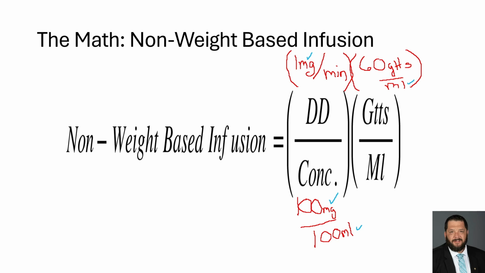The next step, if you remember, was to solve for a single unit of volume. So when we solve for a single unit of volume, we're looking at the concentration. In the concentration, we're going to turn this 100 milligrams and 100 milliliters to 1 milliliter. How do we do that?